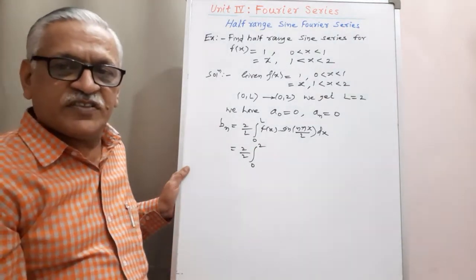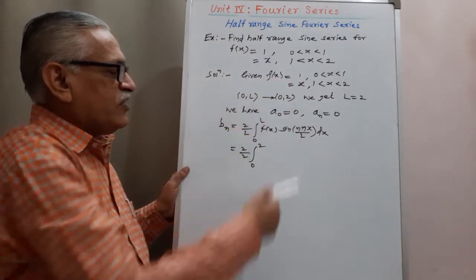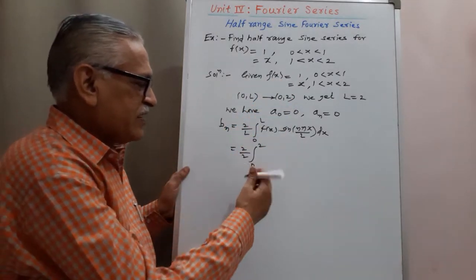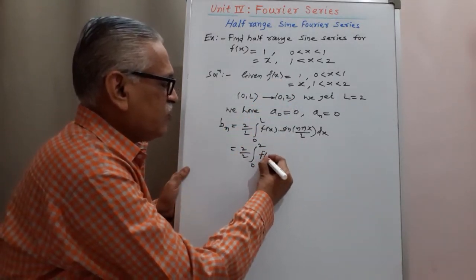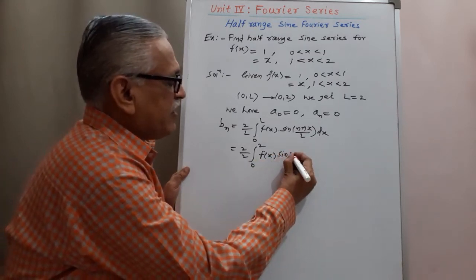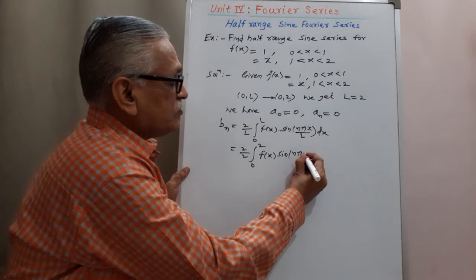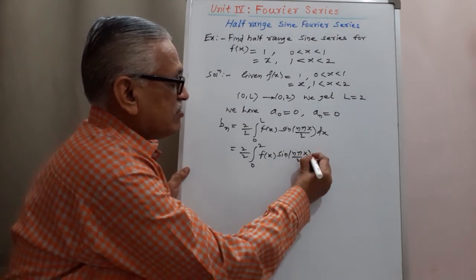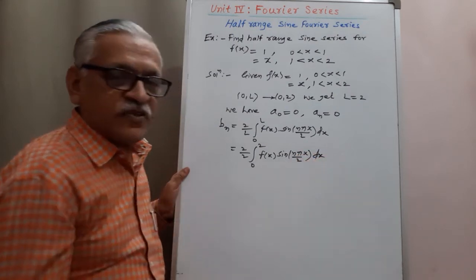0 to 2 is not a continuous range, we have two different values, therefore we keep f(x) as it is, since we are not able to substitute the value of f(x) into sine of n pi x by 2, with respect to x.